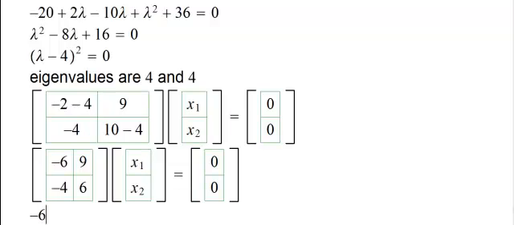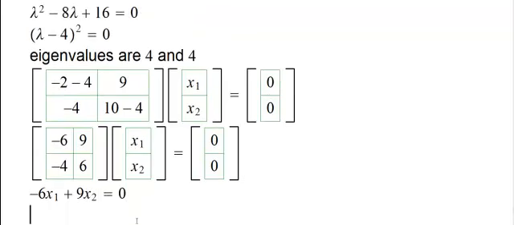So you have negative 6x1 plus 9x2 equals 0. And the other one is negative 4x1 plus 6x2 equals 0, right?